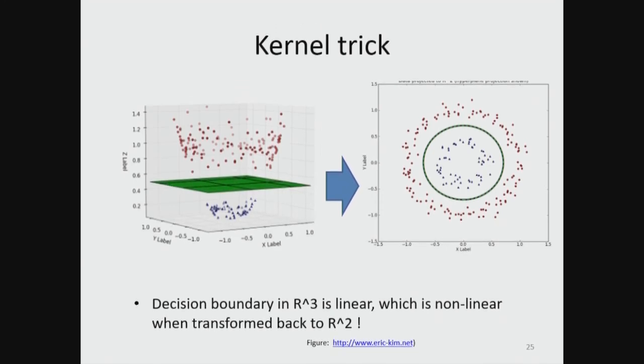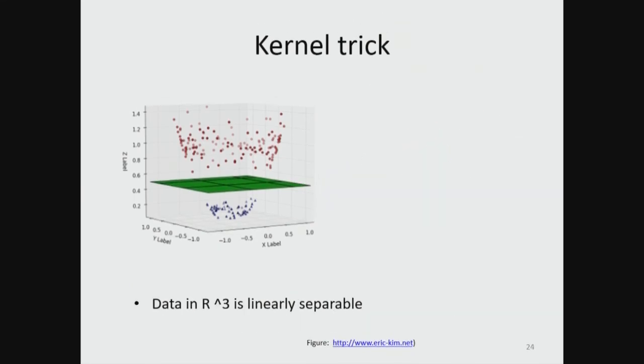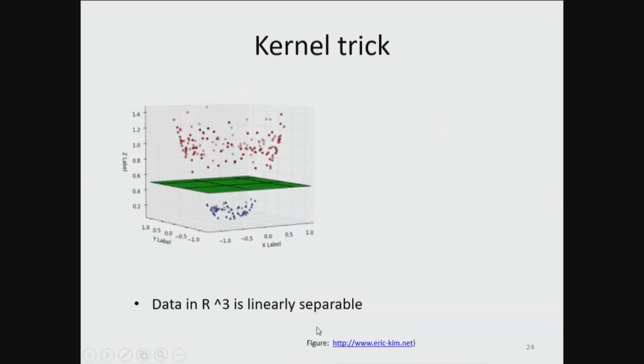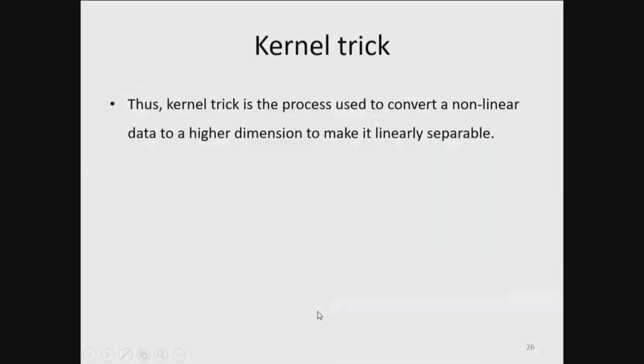Why is it said to be a kernel? Phi of (x, y). Remember, what was the transformation function? Phi of (x, y) is x, y, x square plus y square. Therefore, this kernel trick is the process used to convert non-linear data to a higher dimension to make it linearly separable.